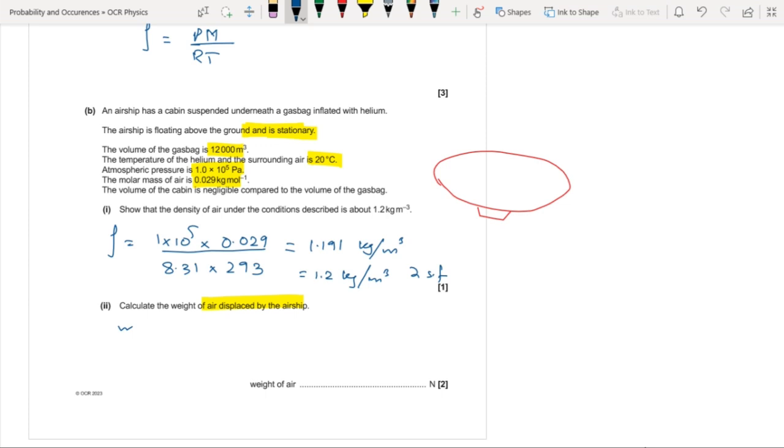The mass of air displaced is equal to the density, which is 1.19, multiplied by the volume, which is 12,000.